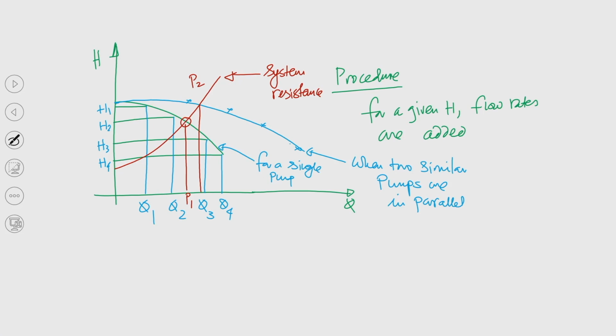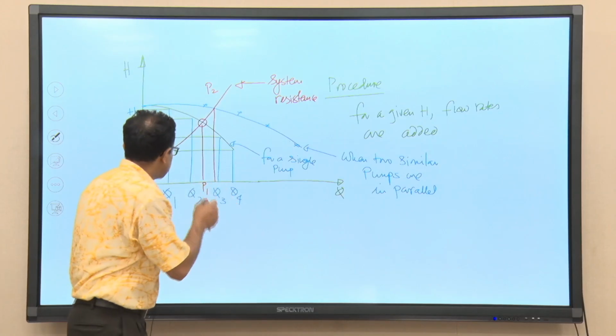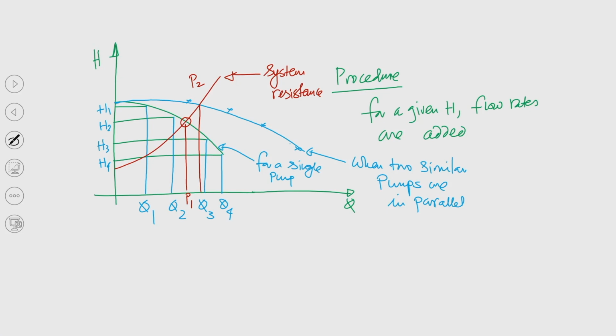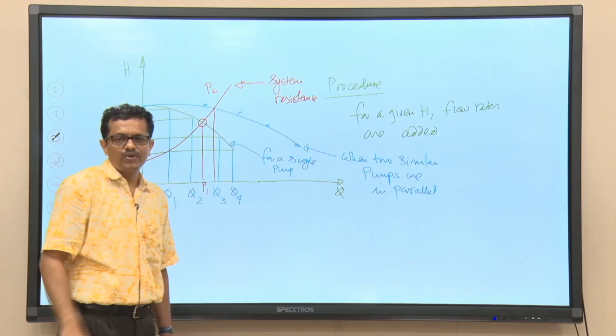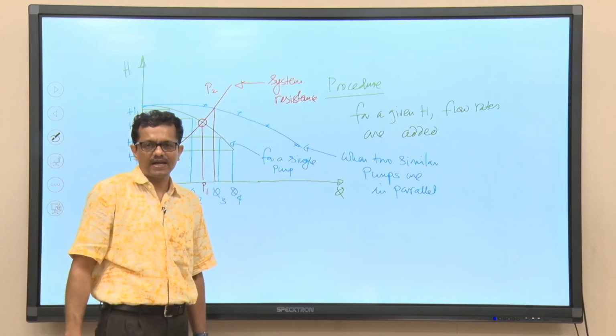So you can understand the flow rate is getting increased, but there will be a slight increment in the head also. We will be discussing whether in practice there will be a slight increase in head or not. The flow rate and head corresponding to this point P2 will be what we are supposed to get in actual practice.